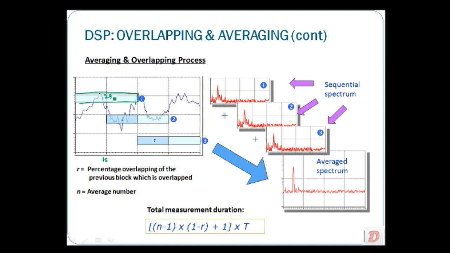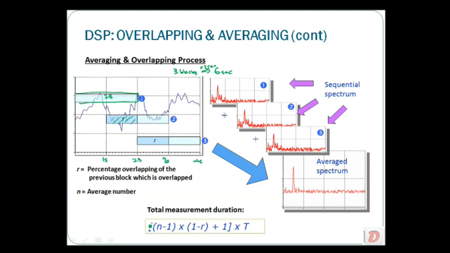If you want to take 3 blocks, you need 6 seconds. But if you are doing overlapping, sharing half, 50%, you only need 2, 3, 4 seconds. So if you are sharing half, you only need 4.